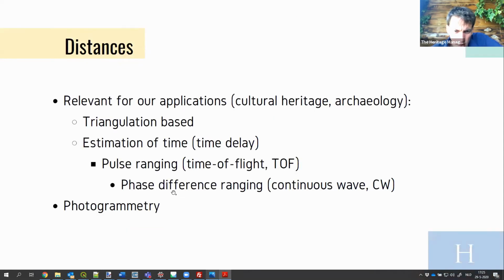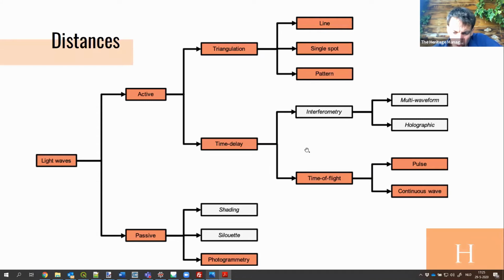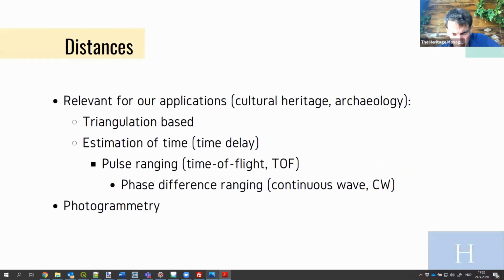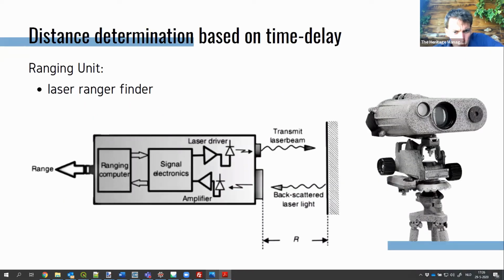So let's talk a little bit more about the different ways of extracting distances using active data acquisition techniques. These are the triangulation-based and the time of flight or time delay techniques. The technique most frequently used when speaking about laser scanning is the range finder, or the time of flight time delay technique.